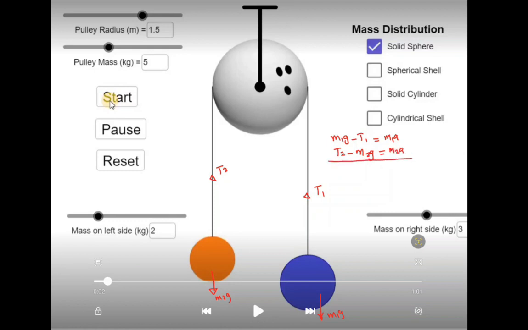You add these equations together, and you will get this one here. M1 plus M2 times a equals M1g minus T1 plus T2 minus M2g, or simplified, T1 minus T2 equals M1g minus M2g minus (M1 plus M2)a.